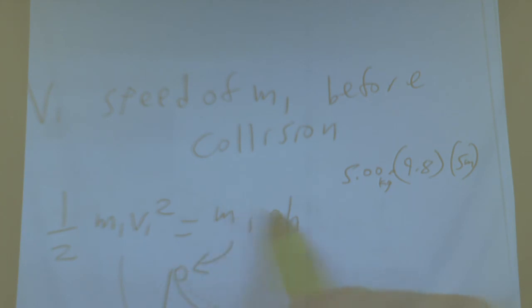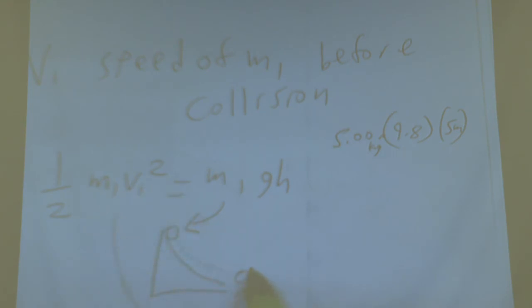This is potential energy, right? Potential energy goes to 0. At the top, kinetic energy is 0. So all of that potential energy gets converted to kinetic energy, which means that m1gh at this point is equal to 1/2 mv squared at this point.